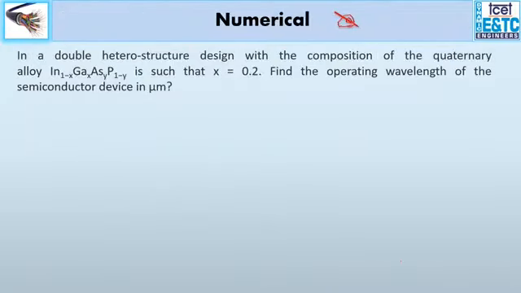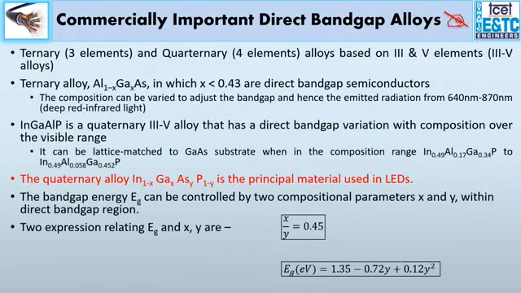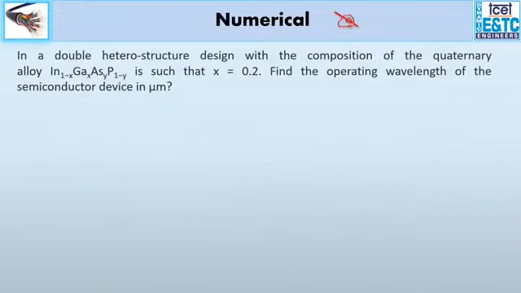So let's solve this problem. Everyone quickly, I hope you can note down this relationship: 1.35 minus 0.72y plus 0.12y square. We'll come to what this double heterojunction is later. But just to start with, you can classify your LED as a single semiconductor LED or a double heterojunction design, with a composition of a quaternary alloy such that x is 0.2.